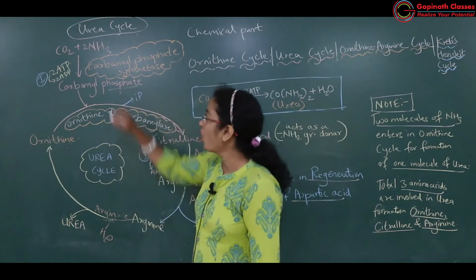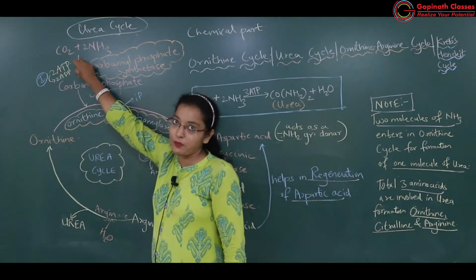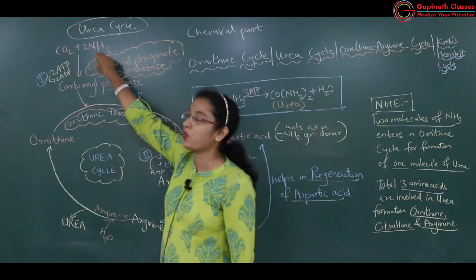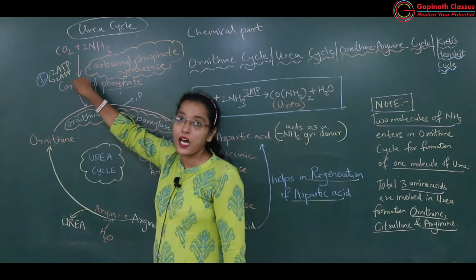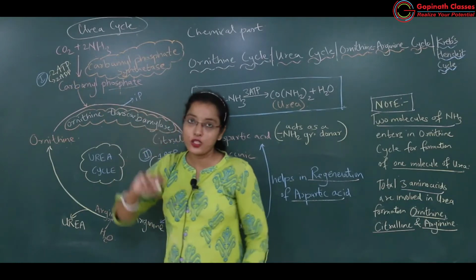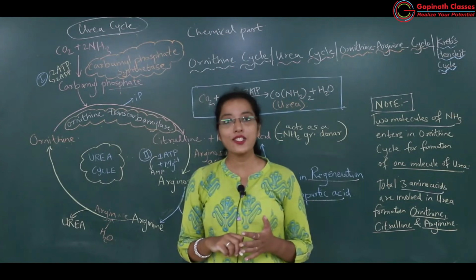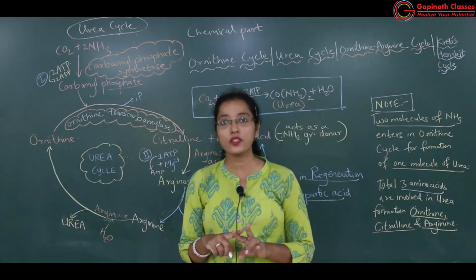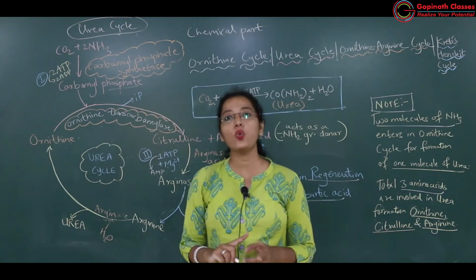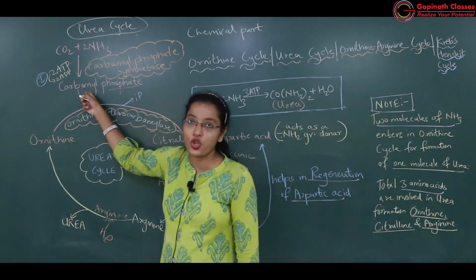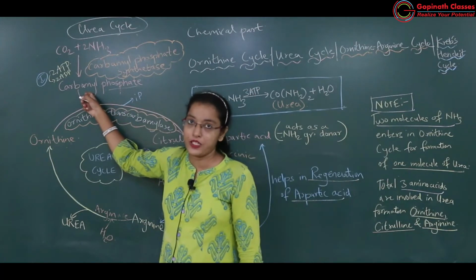So 1 molecule of carbon dioxide and 2 molecules of ammonia will react with one another to form carbamyl phosphate, and this is formed in the presence of 2 ATP molecules. So 2 ATP molecules will get converted into 2 ADP molecules, and likewise carbamyl phosphate is formed.